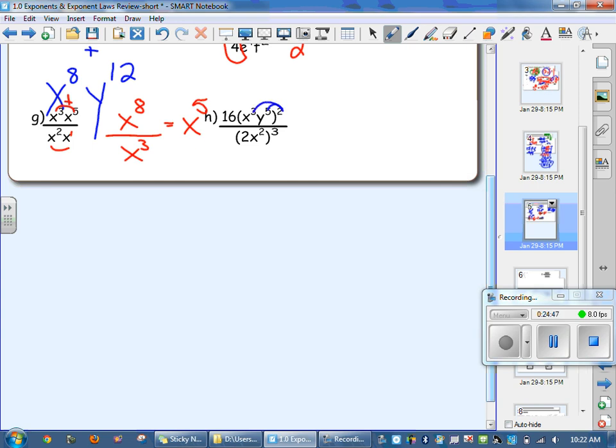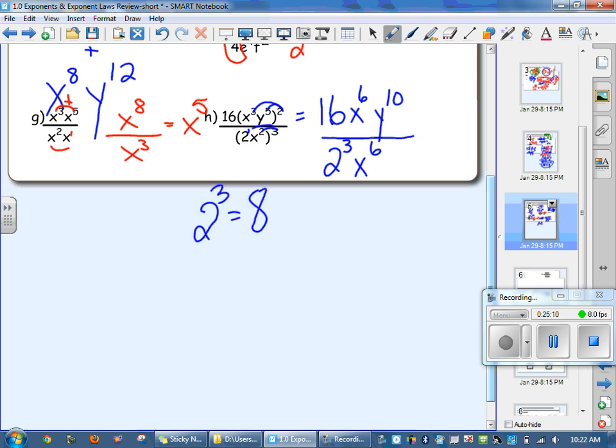So on top you will have 16 x exponent 6, y exponent 10. On the bottom you have 2 cubed x exponent 6. Now 2 cubed is actually 8. So I can replace that with the number 8. So I actually have 8x exponent 6 on the bottom.